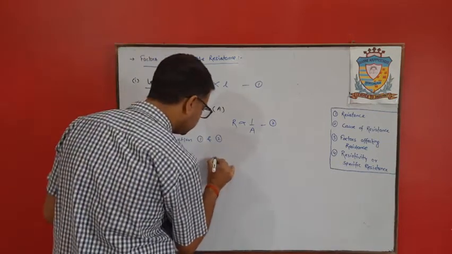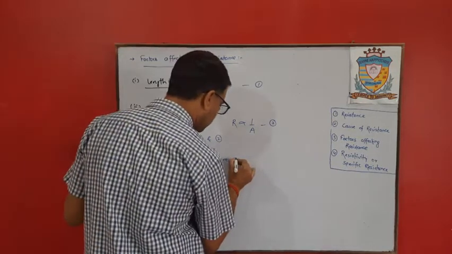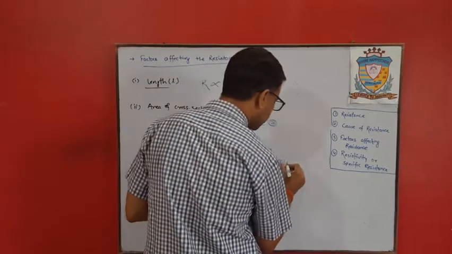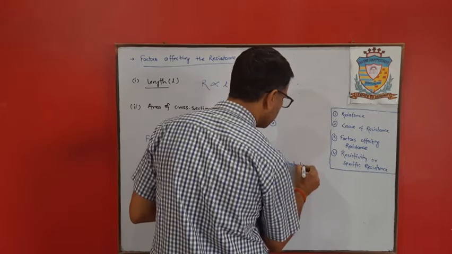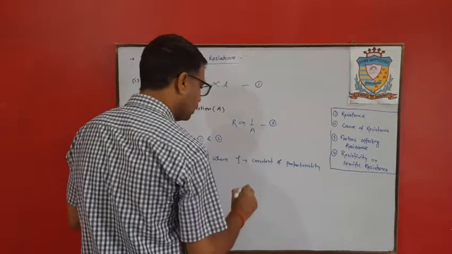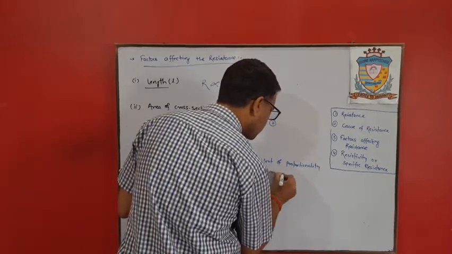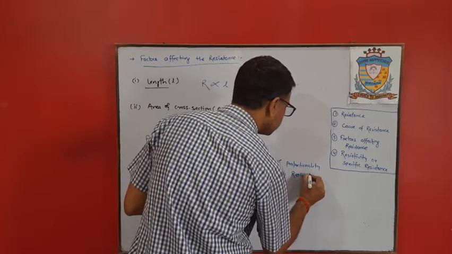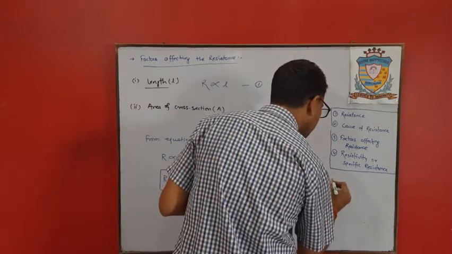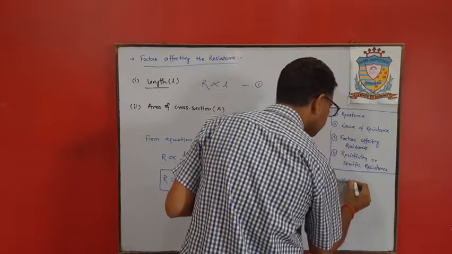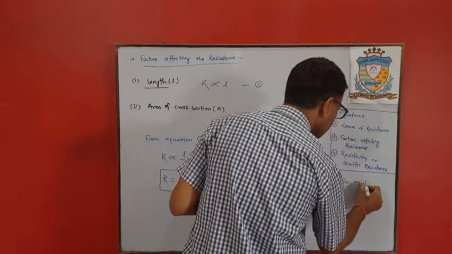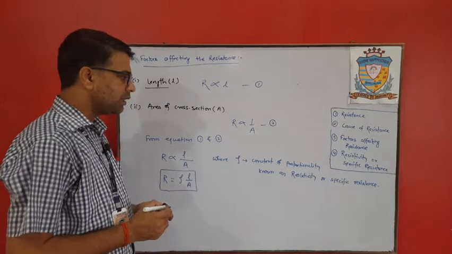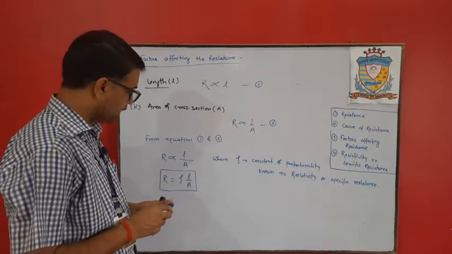where rho is the constant of proportionality known as resistivity or specific resistance.